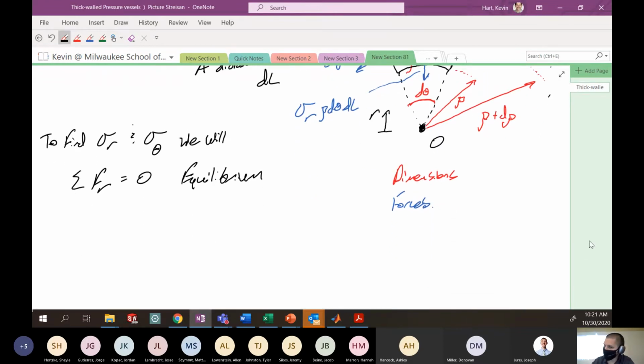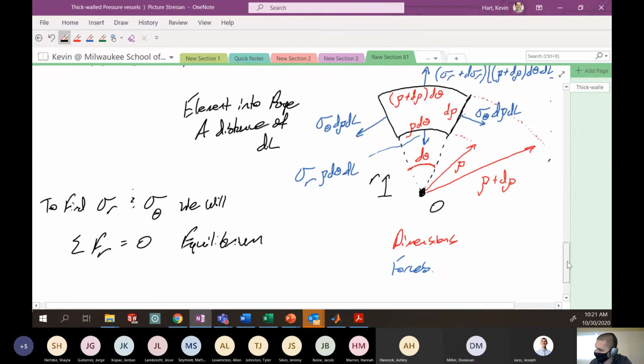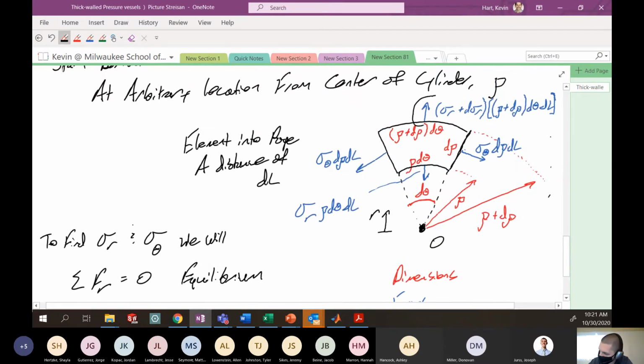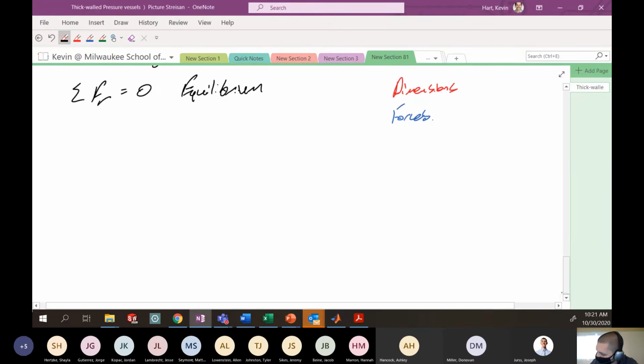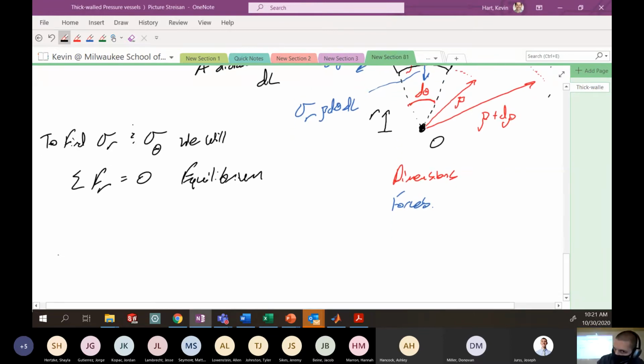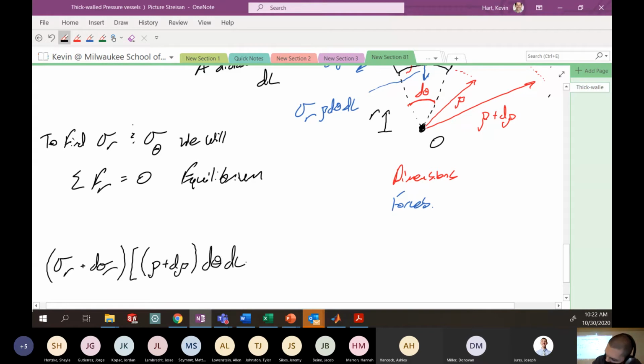Okay, so now we'll sum the forces in the r direction. We'll take the positive values first. Here's the positive value that we have, on the left-hand side. This will be your sigma r plus d sigma r, the stress acting on that top face, multiplied by the area over which it's acting, which is rho plus d rho times d theta times dl.